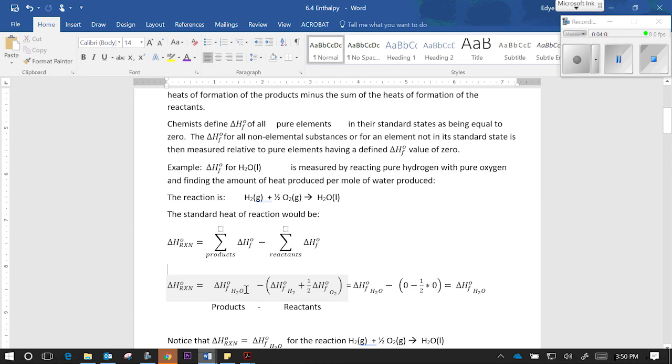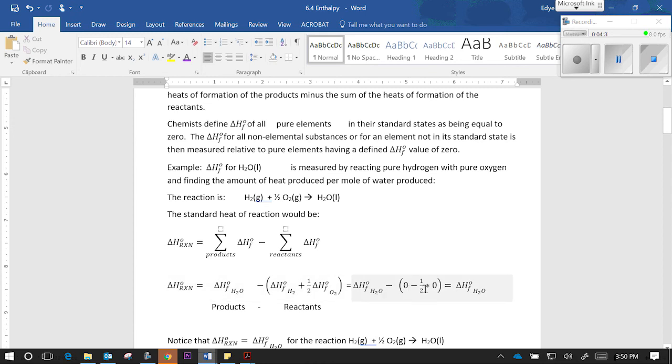The product is water, so I have the heat of formation of water minus the heat of formation of the reactants, H2 and O2, and I have to include the coefficients. Notice the coefficients here match the coefficients right here. Remember, pure elements are defined as having a heat of formation of 0. So this right side is all equal to 0.